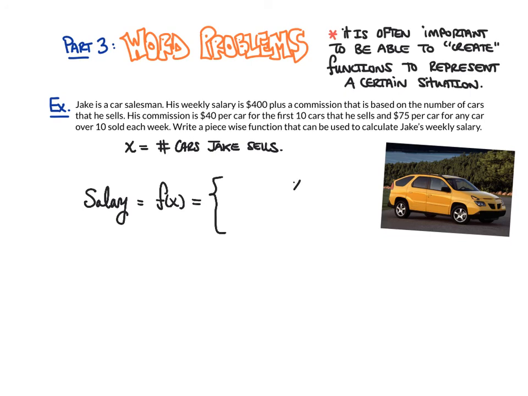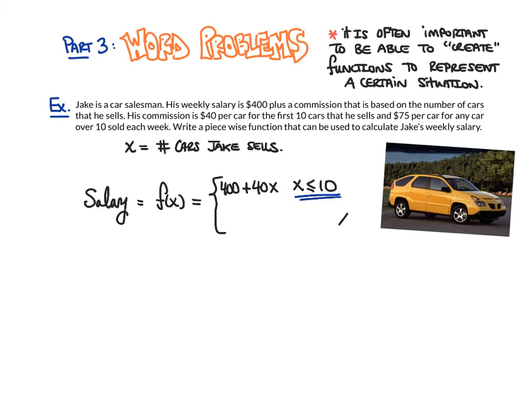So if he sells less than or equal to 10 cars, we know that his salary is going to be his weekly salary, the $400, plus $40 times x, where x is the number of cars. So if he sells 5 cars, he's going to make his $400 plus $40 times those 5 cars. And that'll be valid all the way up until the 10th car.